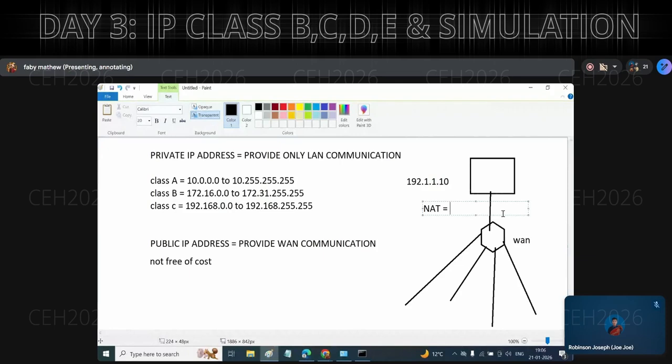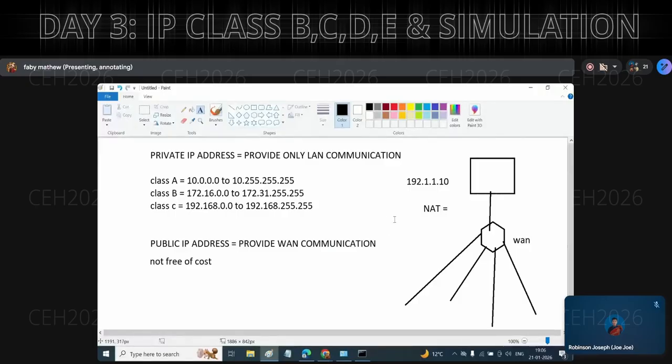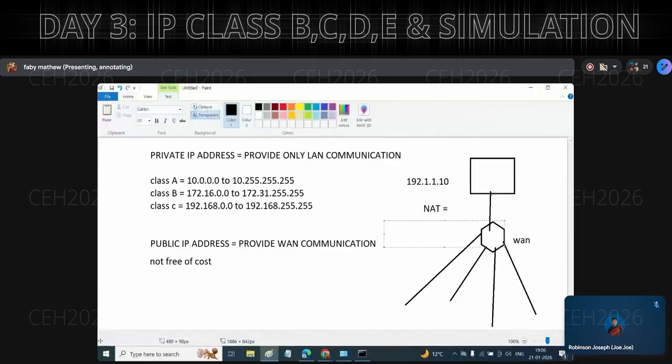The functionality of NAT is to translate the IP. Which IP? Translate the public IP to private IP, and translate the private IP to the public IP. Both things are done by NAT.